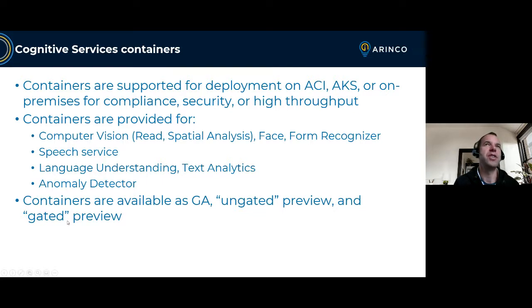That means you can request access to them. That access will have to be approved by Microsoft before you can deploy or use those container images. So that's just something to be aware of. Further support for containers for more APIs is being added, and it is growing. So just be aware that those container images are made available through different preview and public options.